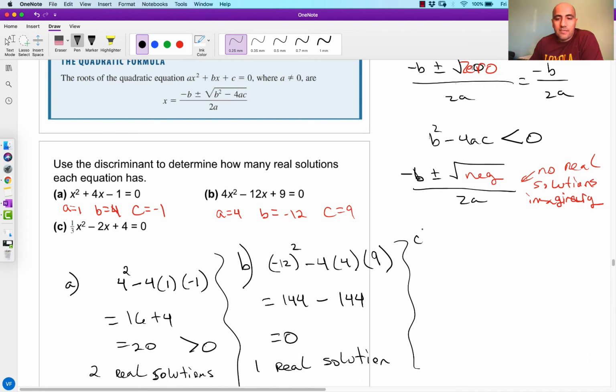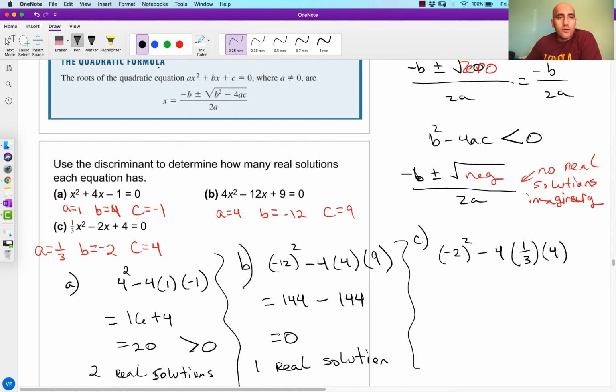And finally, for C, left the best for last here, this one has the role of A being played by a 1/3. The role of B is being played by a -2, and the role of C is being played by a 4. So now, applying it to my formula, b squared is going to be -2 squared, minus 4 times a, which is 1/3, times c, which is 4.